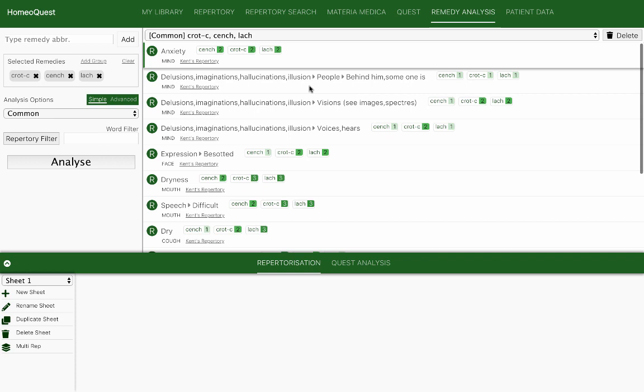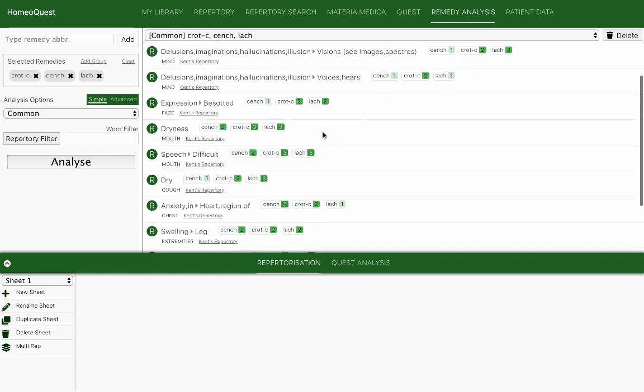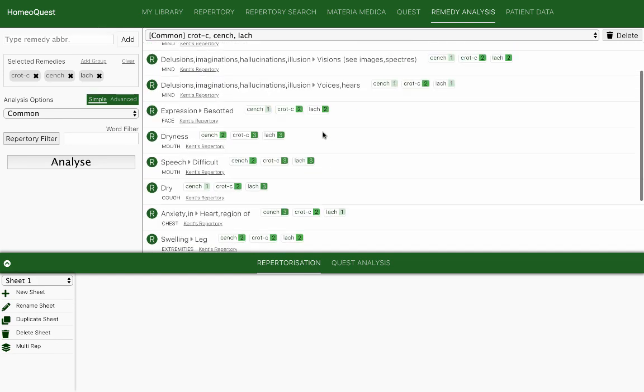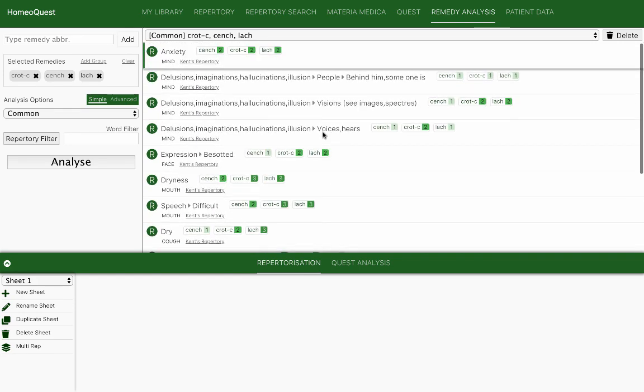She had dryness of her mouth, and with that expression, so there was a lot of fear and terror and feeling of being harmed, and all these snakes have this at some point or the other. So this is what you understand when you learn about these remedies.